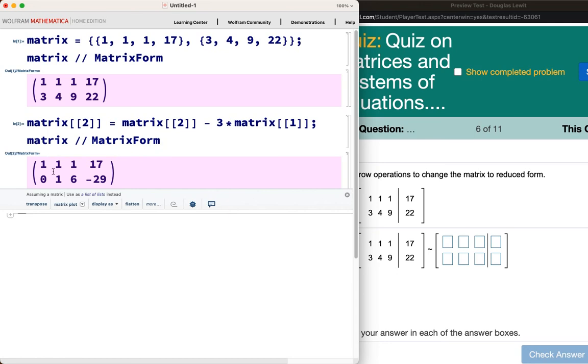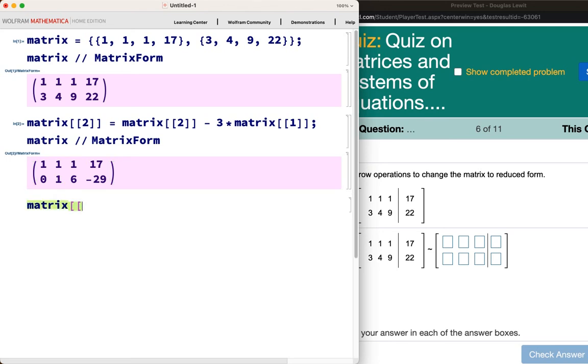Okay. So now we have 1, 0. So that first column is finished. Terrific, yay. So now we have to have a 1 here, in the second row, second column. There's already a 1, so that's really easy, right?